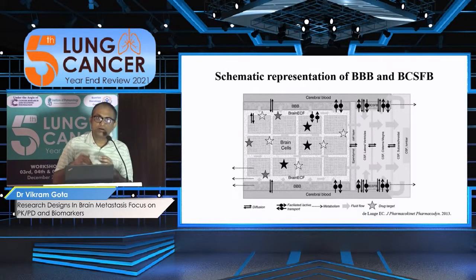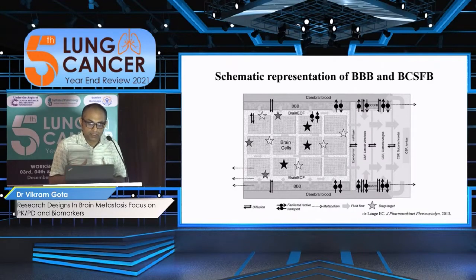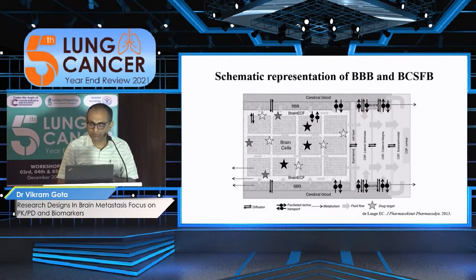Here again, understanding what the transporters are, whether the drug is simply diffusing across membranes or there is facilitated transport, in the form of active transporters like BCRP or ABCB1 or whatever, whether they are involved, becomes important in order to know whether the concentration achieved in CSF is a reflection of what is achieved in the brain.